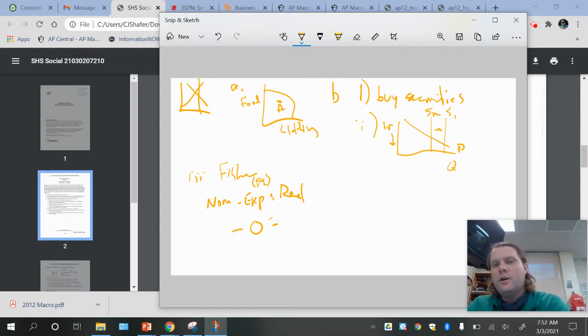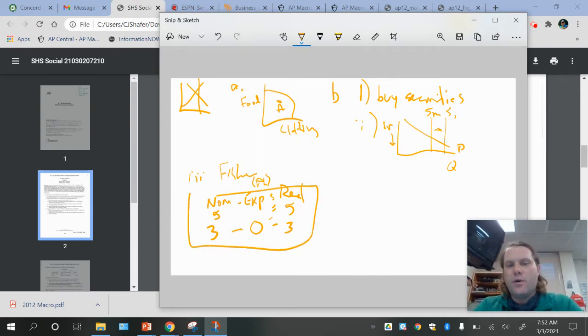We don't even have to draw it. We don't know it, so that's why we called that 0. So our nominal, let's just say it was 5. So our real would equal 5. Well, now our nominal interest rate is 3, so now our real has to be 3. We can use that equation to kind of walk us into the answer. So it's going to decrease in this particular case.